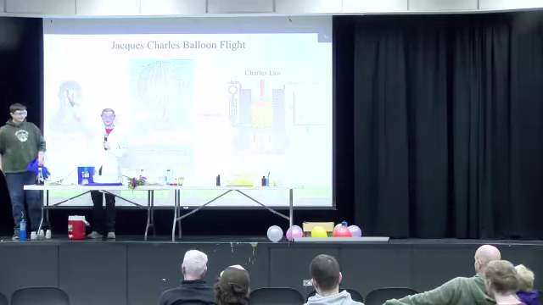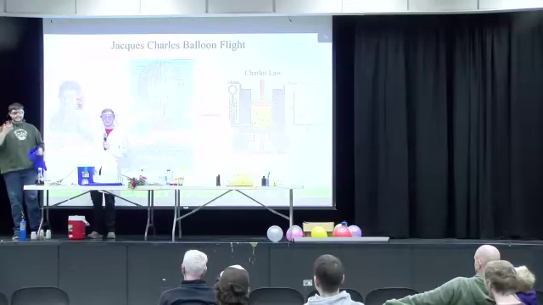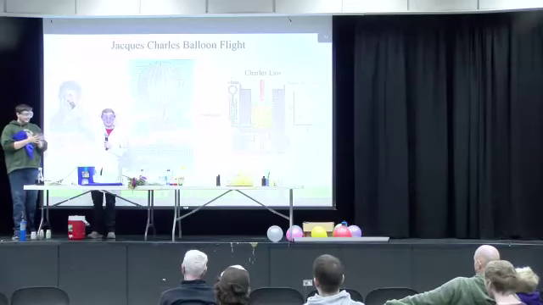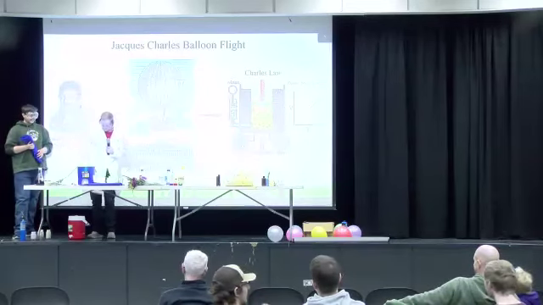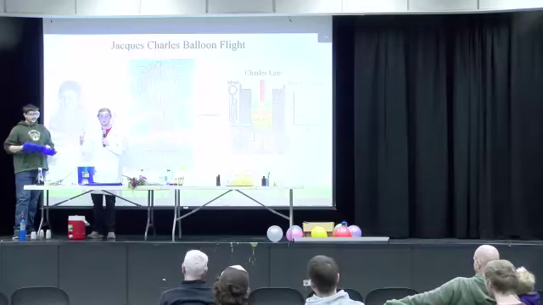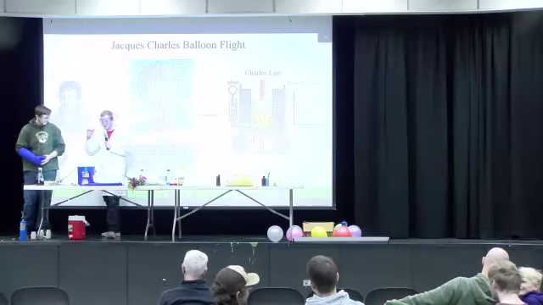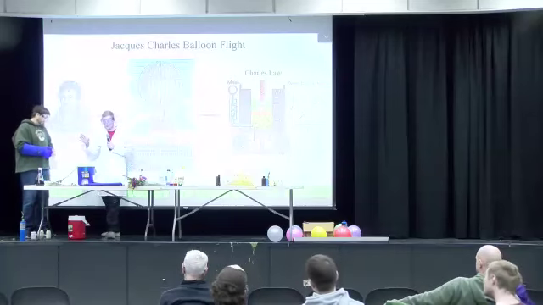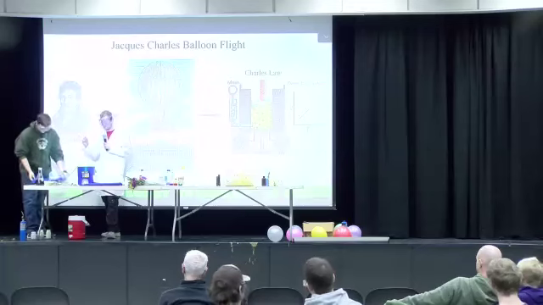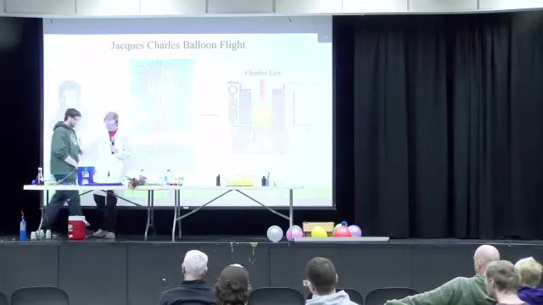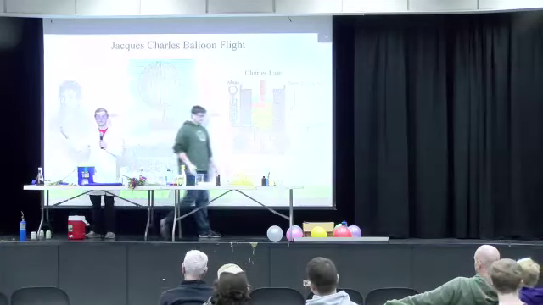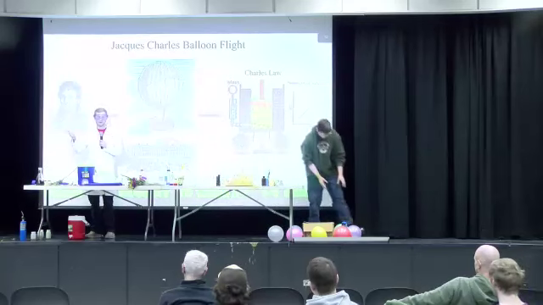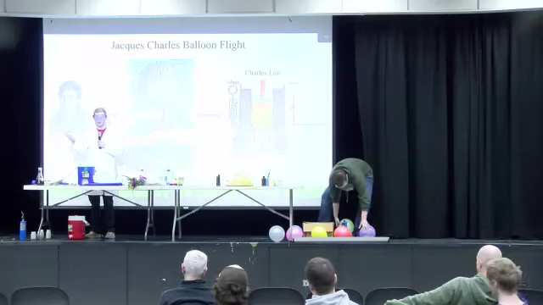Now, should I shove my hand in there? What happens if I shove my hand in? Nothing happens. So, there's a fancy little thing that's happening. It's called the latent frost effect. And when I stick my hand in there, so what's the temperature of my body in Fahrenheit? 98 degrees Fahrenheit, right?